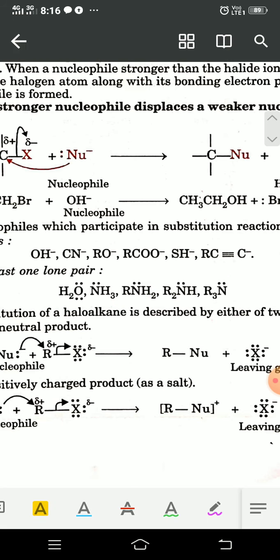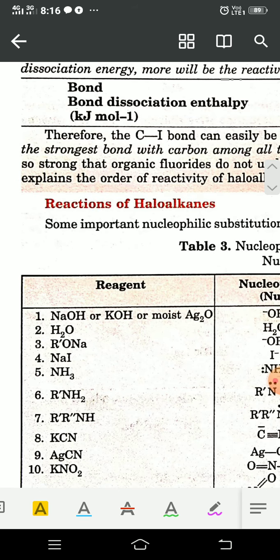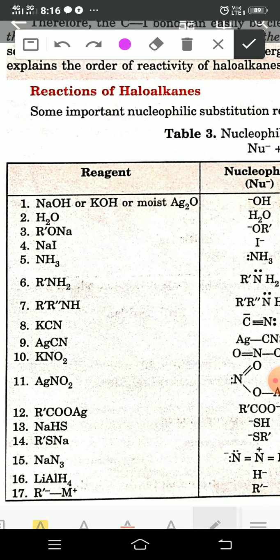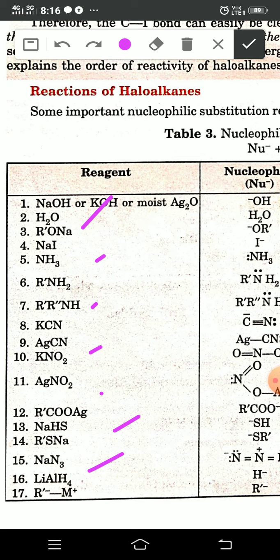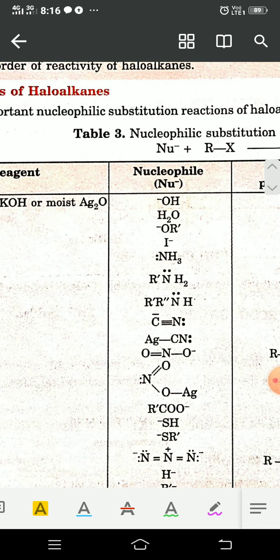Now, I am showing you the list of nucleophiles on this page. There are so many nucleophiles here. These are the reagents of nucleophiles, and what type of nucleophile they give.